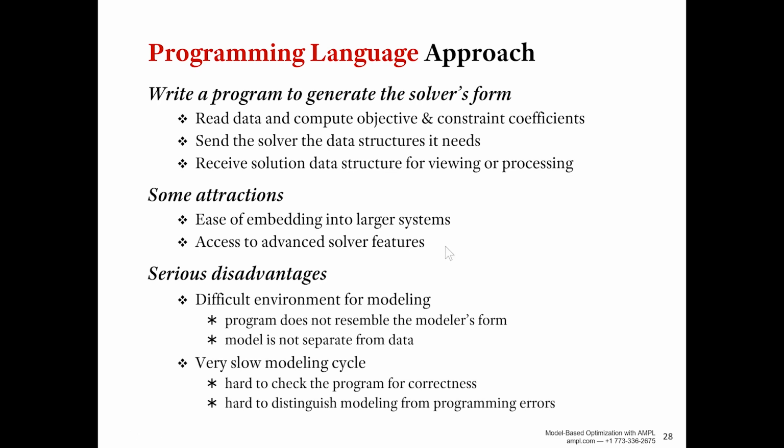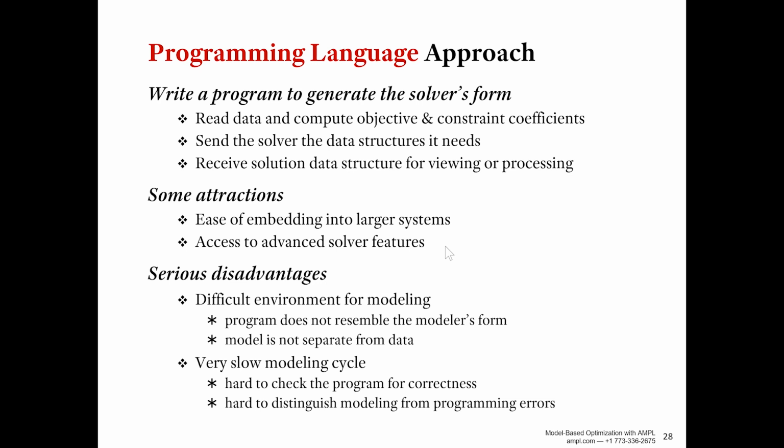So what typically happens is you write the program and you run it, and the results are clearly wrong. You know, all the shipments are 0, or the solver tells you there's no feasible solution. And it's at that point it's hard to check the program for correctness. Is the problem that you made a mistake in your model? Is it that you got a loop index wrong?